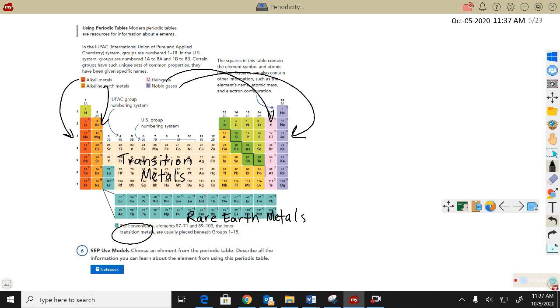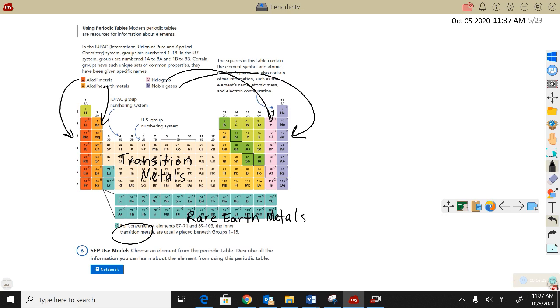So here might be a little more specifics that we could get by knowing where an element falls. Not only is it a metal or a non-metal, but in what group is it? Which then I guess brings us to number 6. Choose an element from the periodic table and describe everything you might know about it at this point in time. That could be any group.